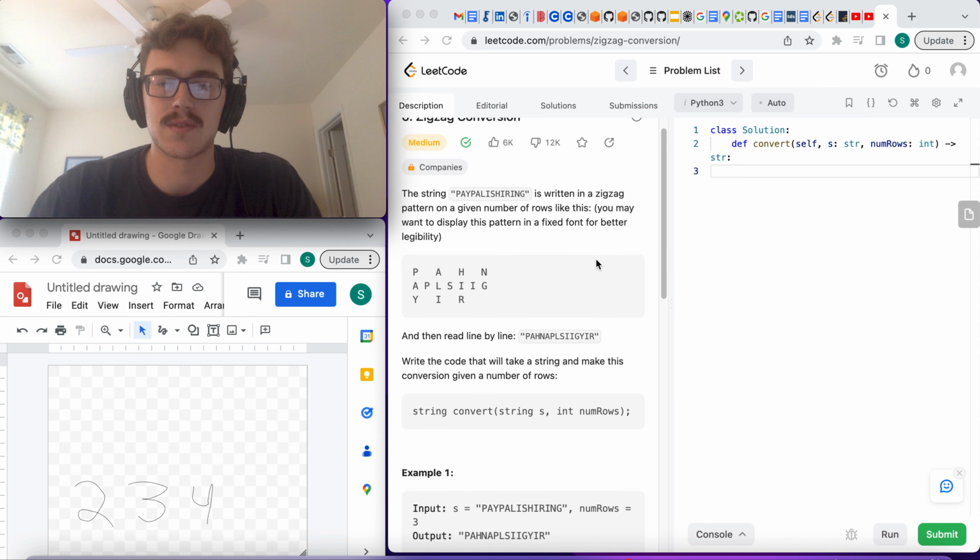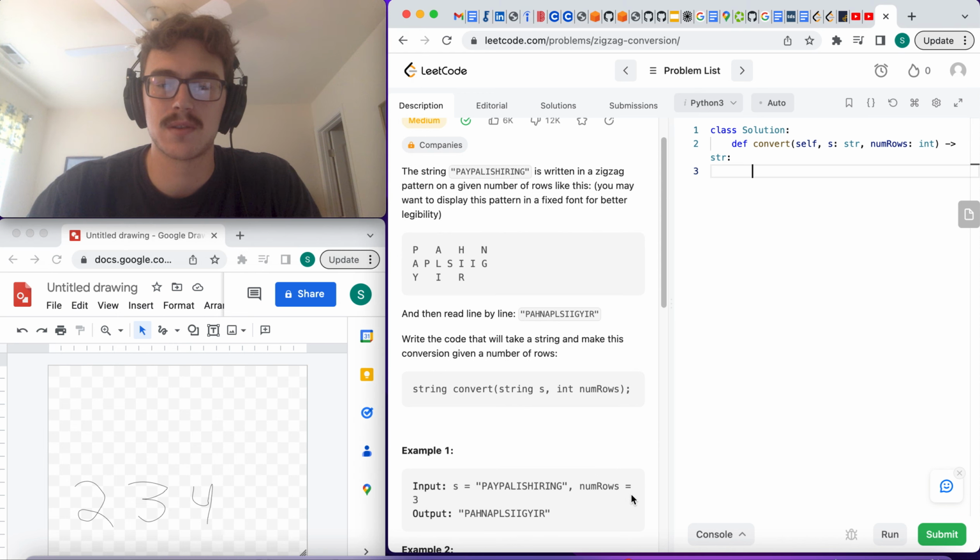So in this first example, they gave us 3 rows, and basically they write out the string. So this is P, index 0, and it's going down 3 rows, and then they start going back up, over 1, up 1, to create kind of a diagonal up.